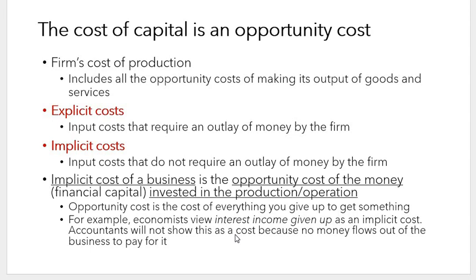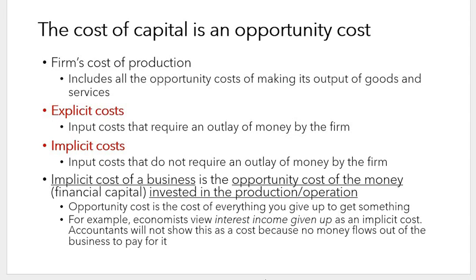But they could at least earn interest by putting money in their savings account. There is for sure an opportunity cost of that money if it's being used otherwise in the financial market or invested in a different firm. So we cannot ignore that part of cost.